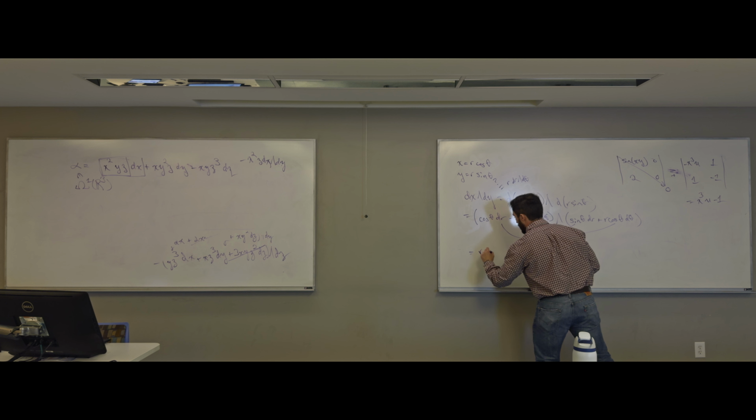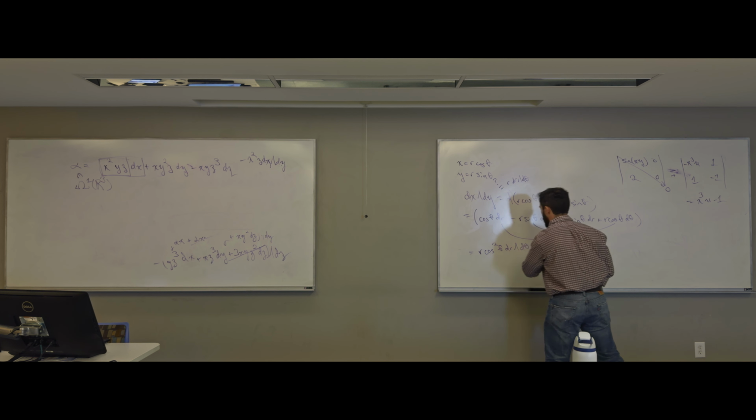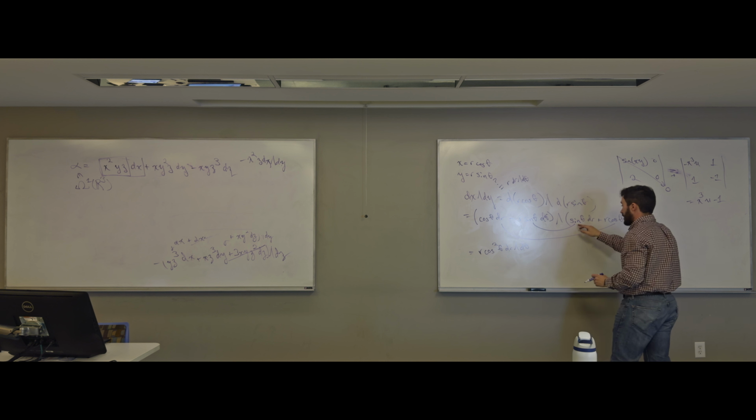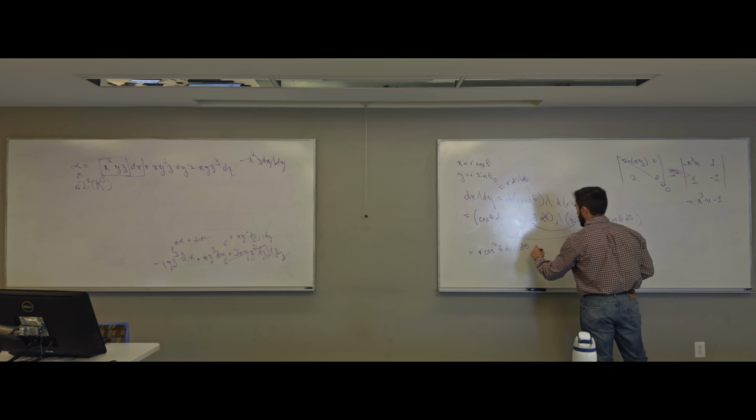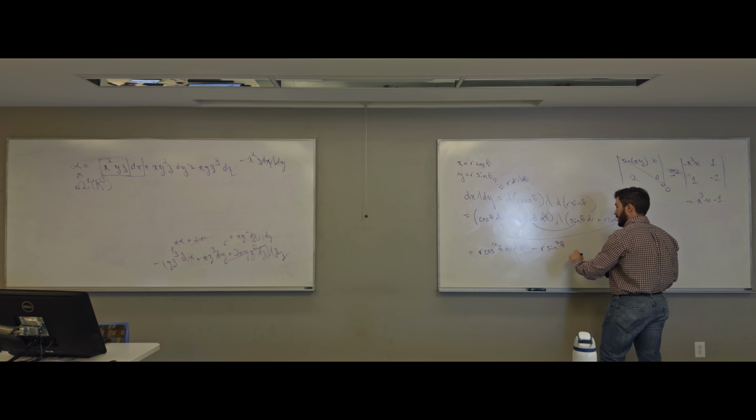So you get r cosine squared theta dr wedge d theta, and then you have minus r sine theta times sine theta, so sine squared theta, and then you have d theta wedge dr.